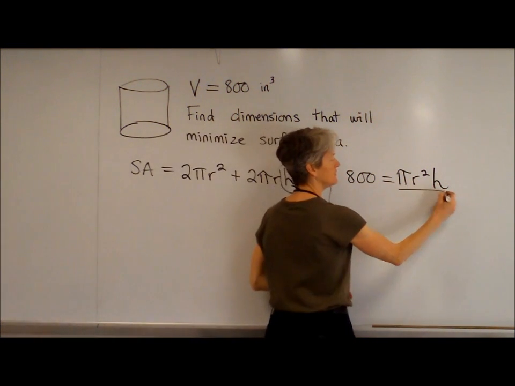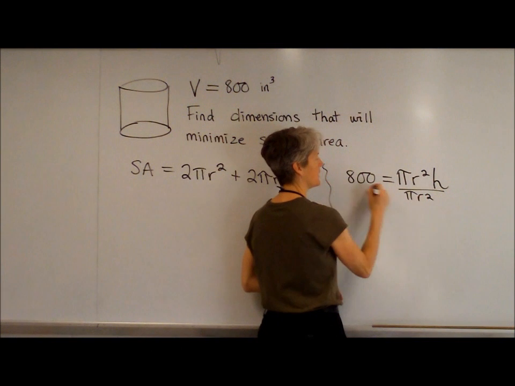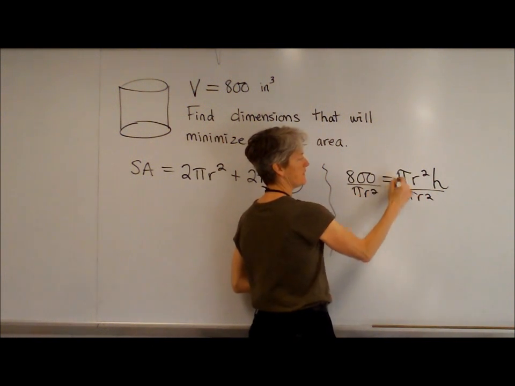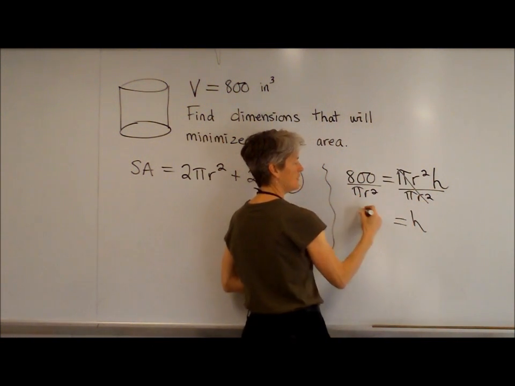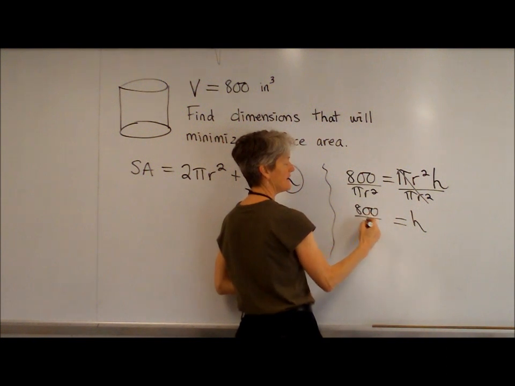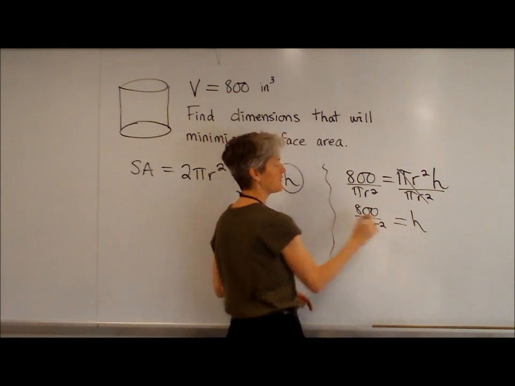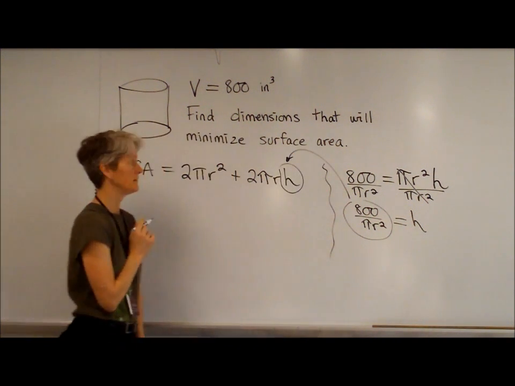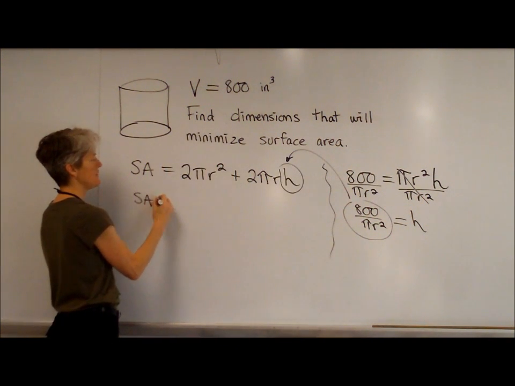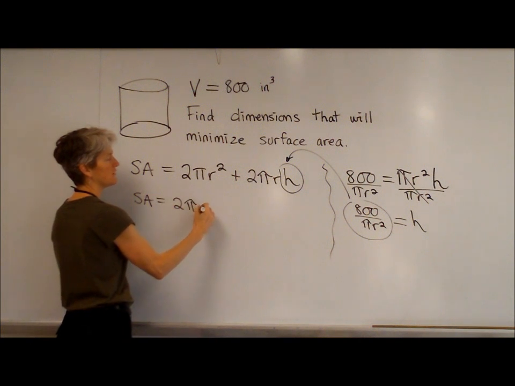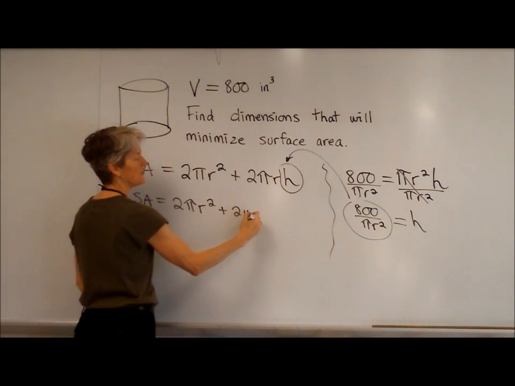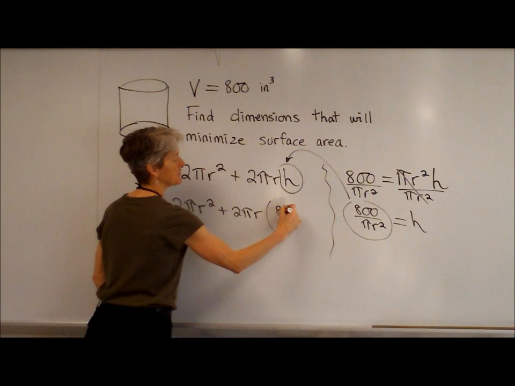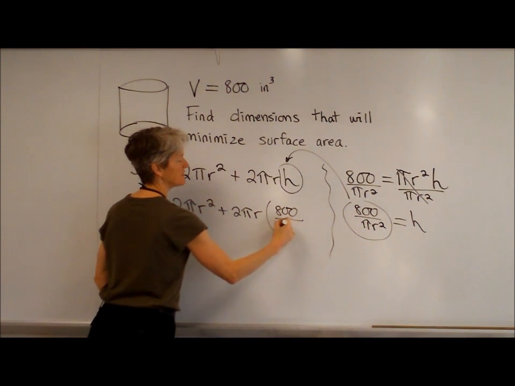So here I go. I'm just going to divide by pi r squared. So h is equal to 800 divided by pi r squared. And in I go. Boom. So surface area, 2 pi r squared plus 2 pi r times that whole business.